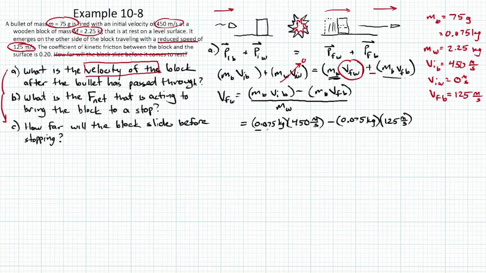All divided by mass of the wood block, 2.25 kilograms. Okay? So that'll give us our final velocity, V final of the wood block, because it's definitely going to be moving after a bullet shoots through it.